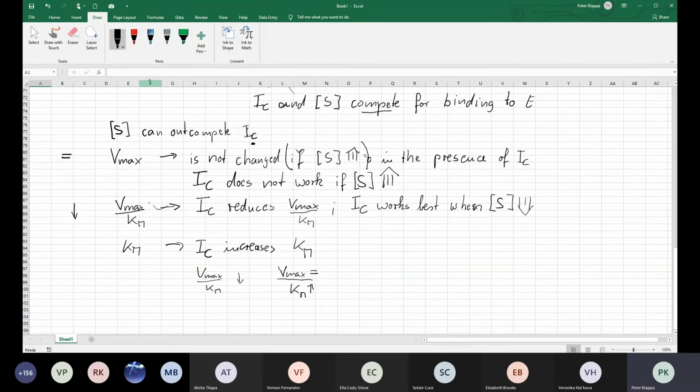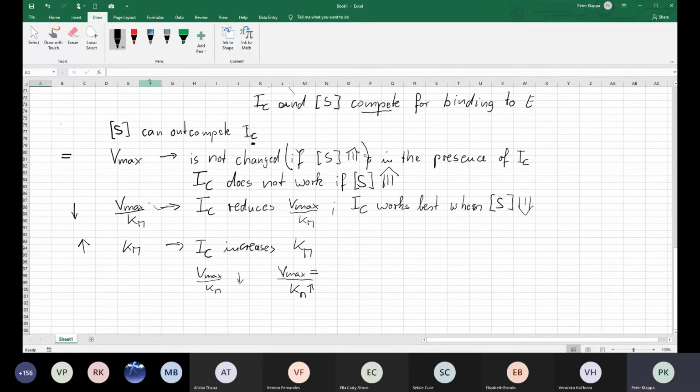Only if Km goes up, then Vmax over Km goes down if Vmax stays the same. So the competitive inhibitor increases Km. So Km must go up in this case. Does that make sense?